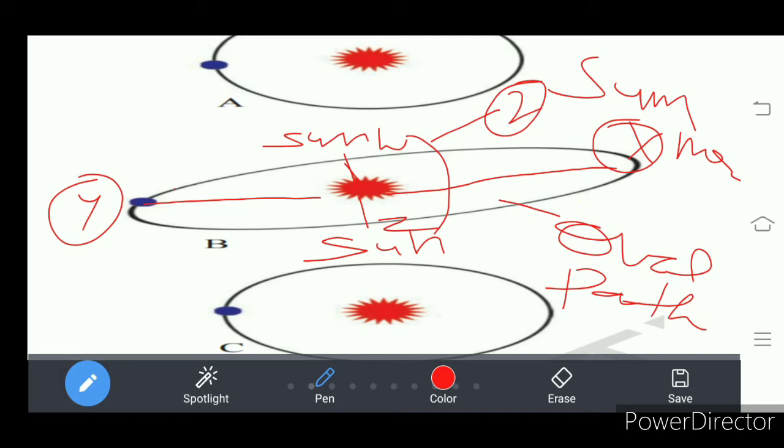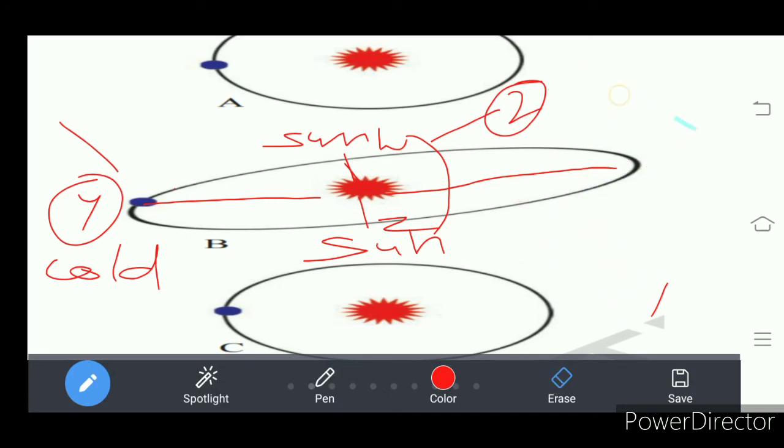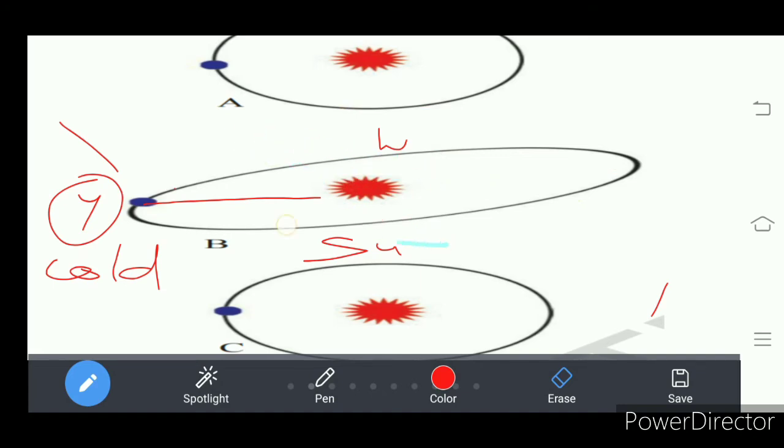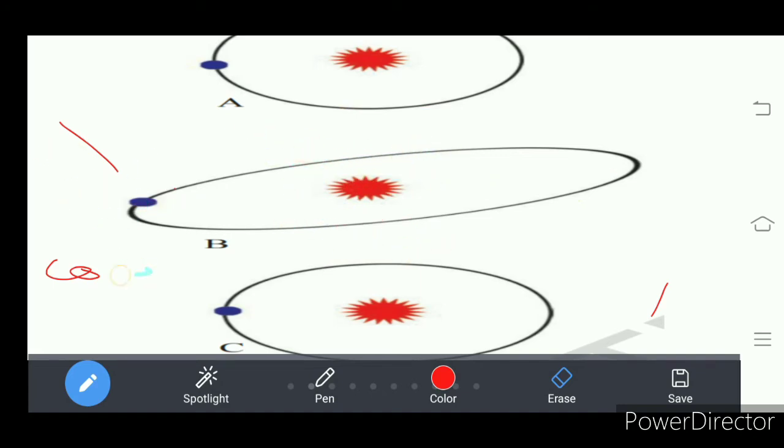Another two times, when it is going far, that is X and Y position, then we should get cold season, that is winter. So are we getting like this? No. So that means it is also wrong, the Earth's orbit is not in the shape of an elongated oval path.